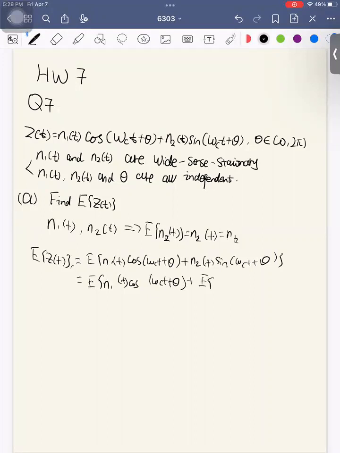That means we put the E on both sides. You can see that. The other thing is still the same.